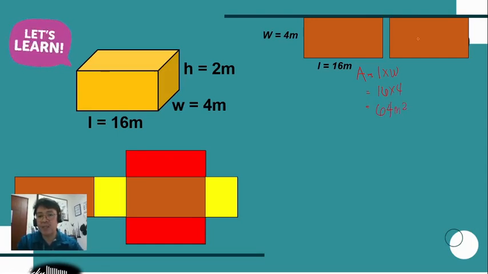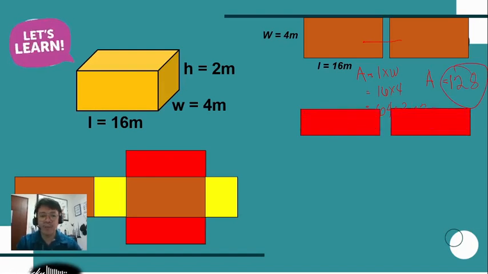Since there are two faces, we will be multiplying it by 2. Therefore, the area of these two is equal to 128. Okay. How about this one? This will be the front and back.